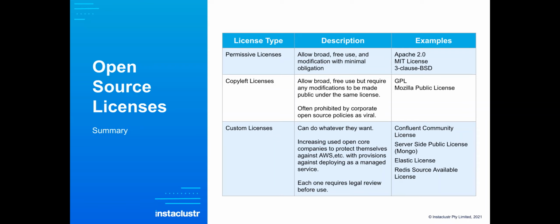So if you're using something with one of those licenses, you probably should be getting legal review before you start using it, and making sure you're thinking about what the actual terms of that license are, and does it make sense for your situation.